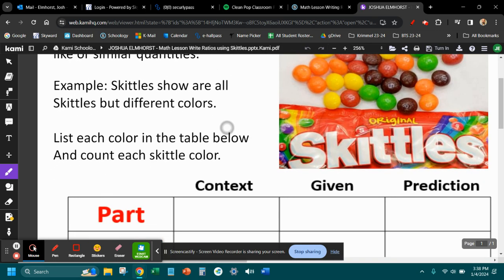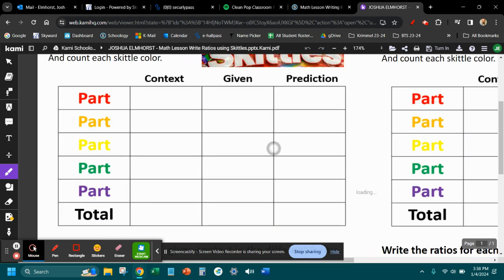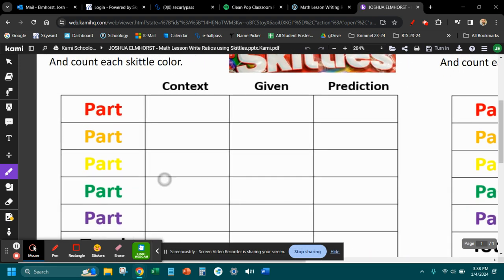So we're going to list each color in the table below and then count each Skittle color. Within the context, we're going to identify all the different colors. First, we have red, orange. It didn't quite print out on your sheets.